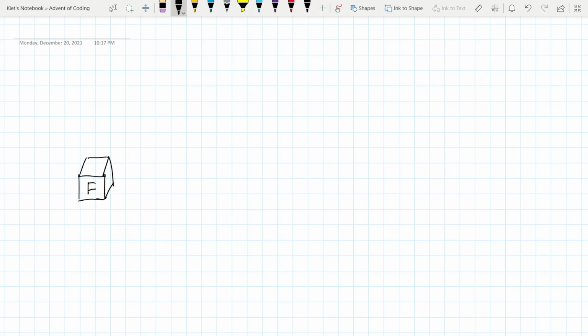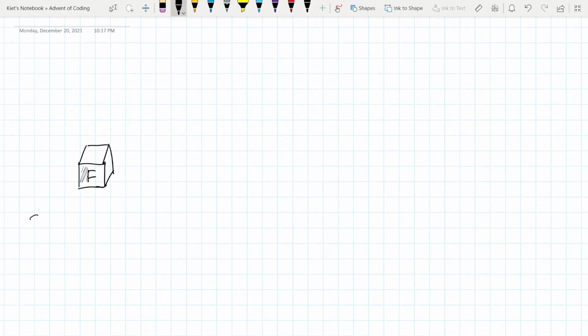So we will call this side the facing side. And there can be 24 unique orientations for this specific scanner. Now, how should you think about it?